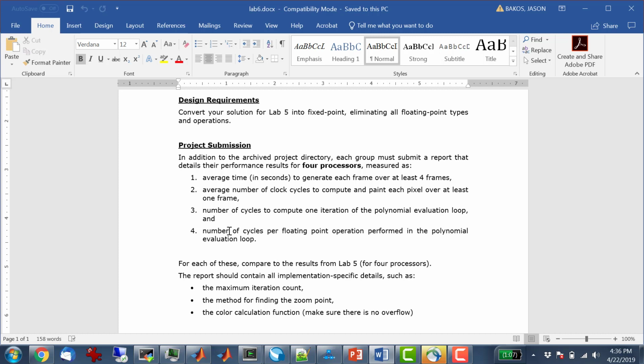Why? Because there's shifting and stuff involved. There's more maintenance you have to do with the fixed point numbers. But the cycles per instruction is much less than for floating point, because every floating point op takes like 5 to 10 cycles, whereas integer instructions are 1 cycle.